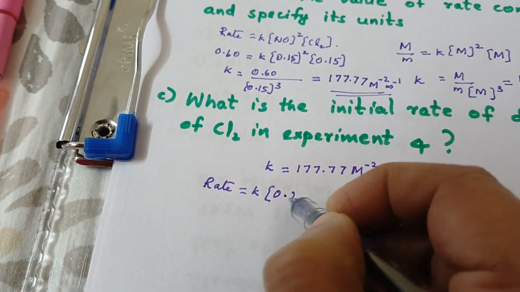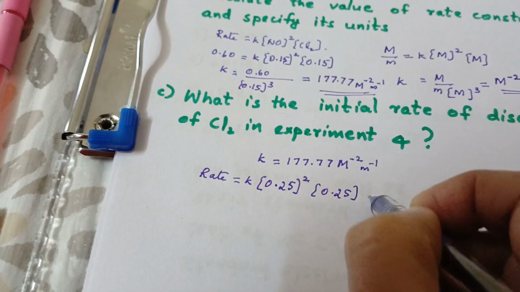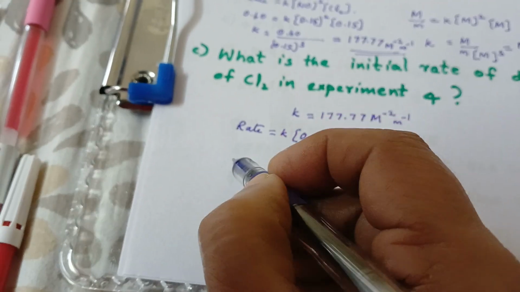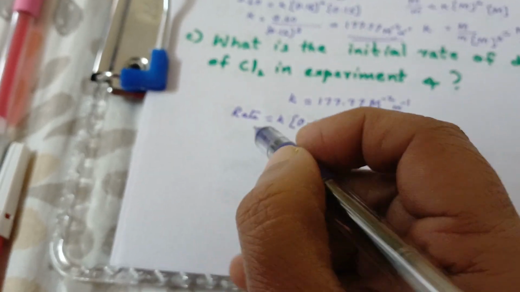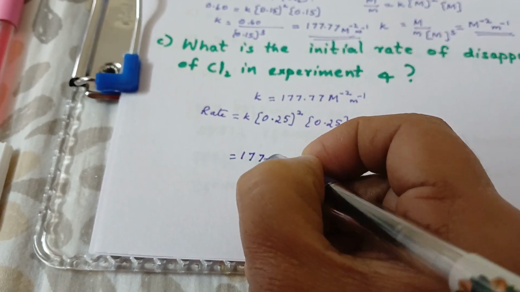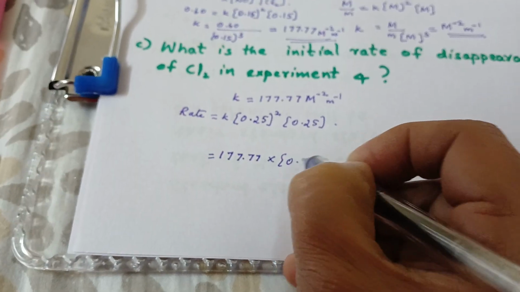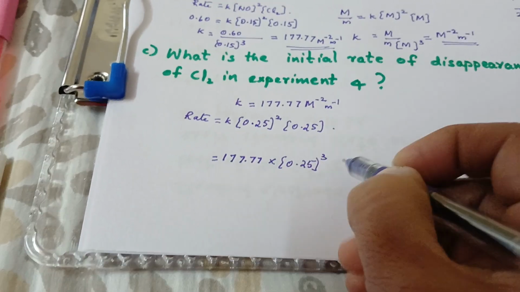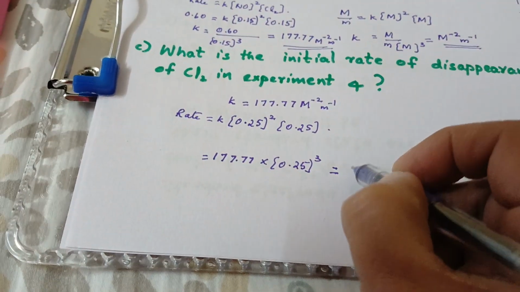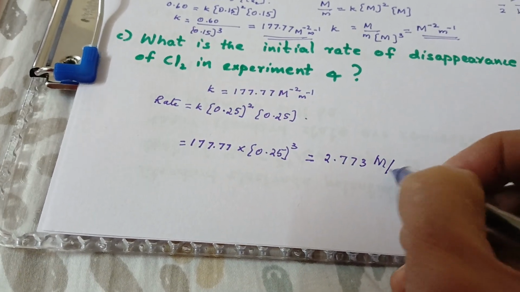So 0.25 raised to 2 into 0.25. The rate of disappearance is what we need to find. So K is 177.77 into 0.25 the whole cube. Now on doing it, we will get the answer 2.773 molar per minute.